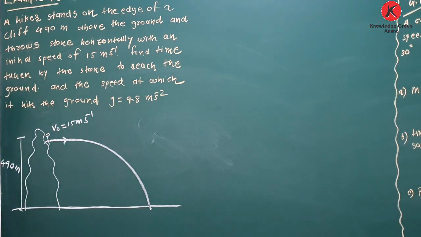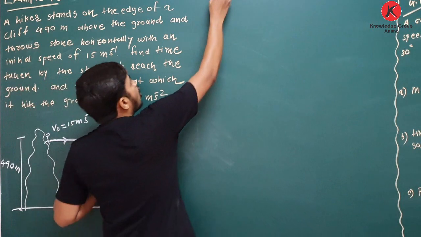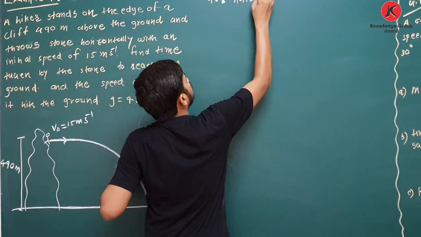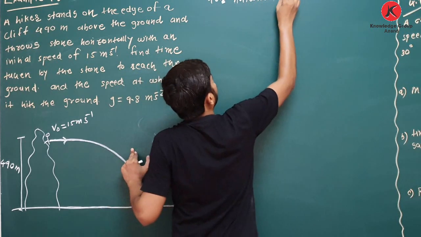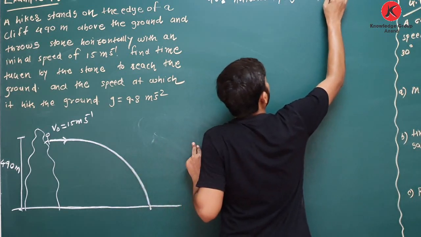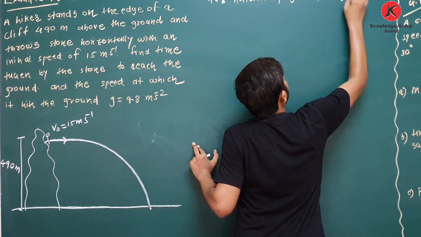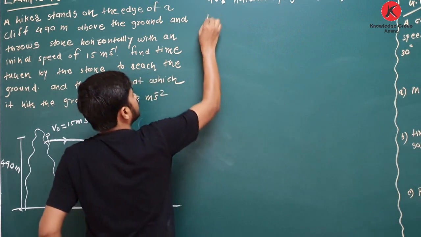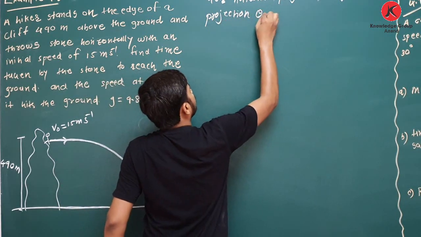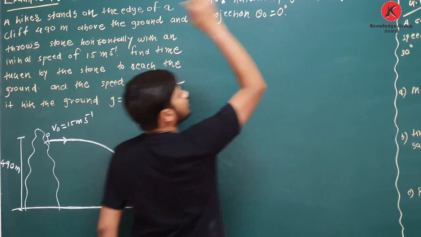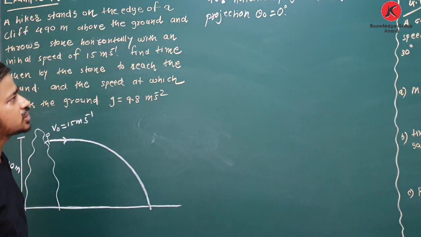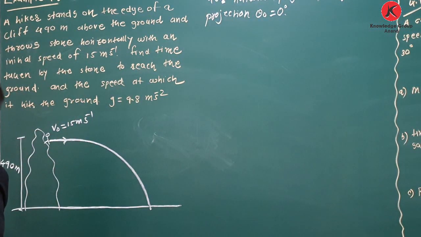So you have to remember, for horizontal projection, the angle of projection theta 0 is equal to 0 degrees.